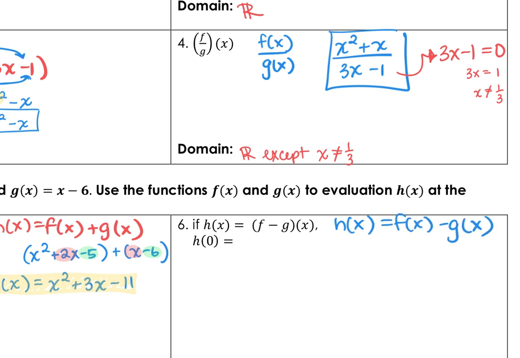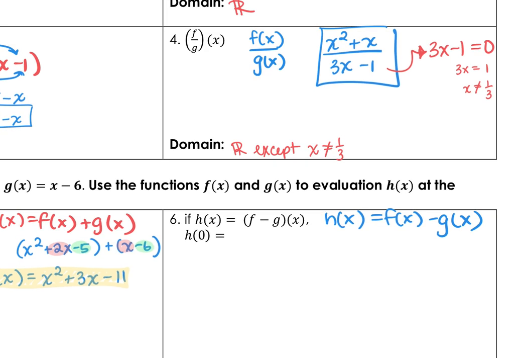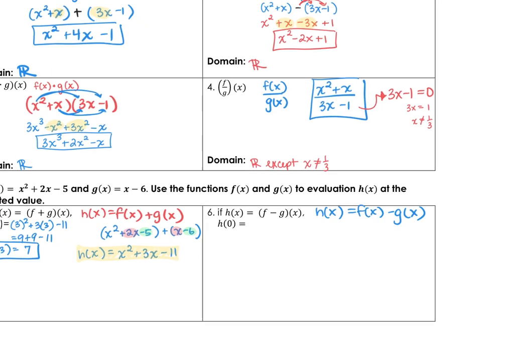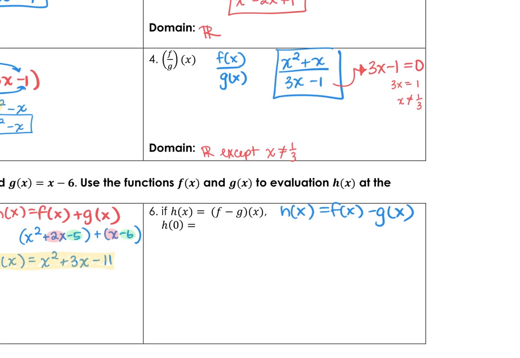And again, be careful with that minus sign. Make sure you're distributing that. All right, so I'll give you guys about 2 minutes. I see some right answers already, so that's good.